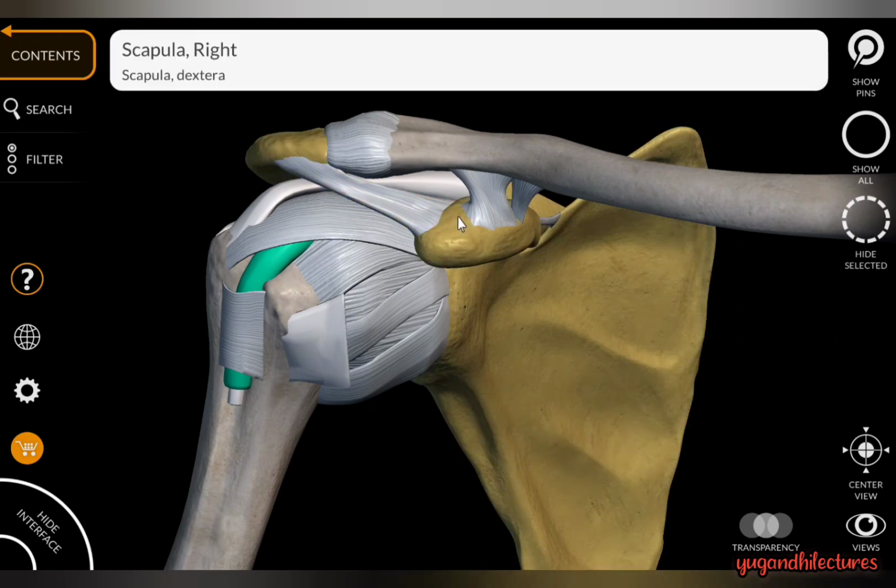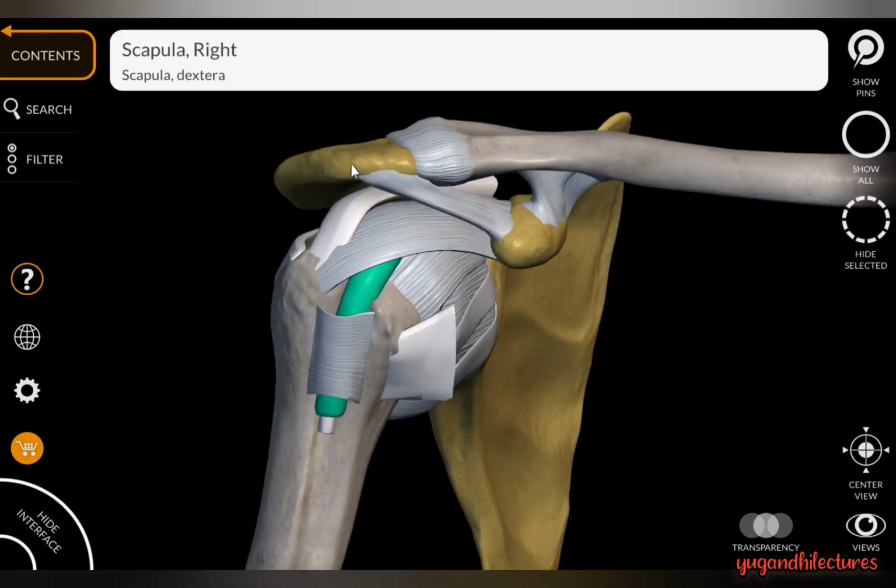Another interesting thing is that this acromion process, this coracoacromial ligament and this coracoid process together form the acromial arch. They in turn support the shoulder joint, so they ensure the stability of the shoulder joint. So this forms the coracoacromial arch.